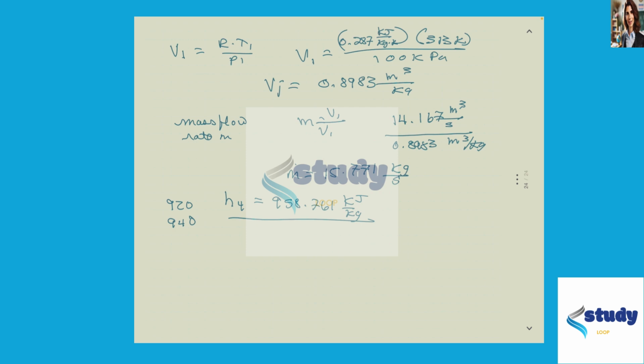So between points 1 and 2, we have an isentropic process. So the temperature at point 2s we can find by using the fact entropy change is 0. Okay, so S2 minus S1 will equal delta S, and that will equal 0.